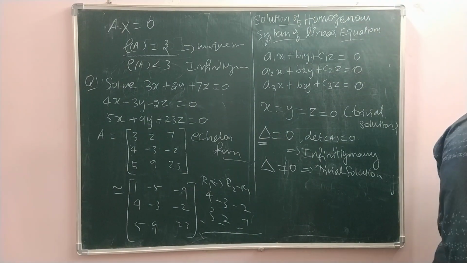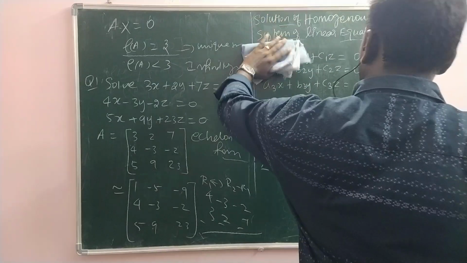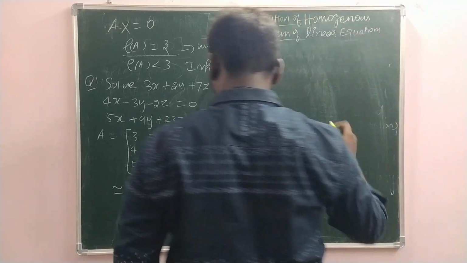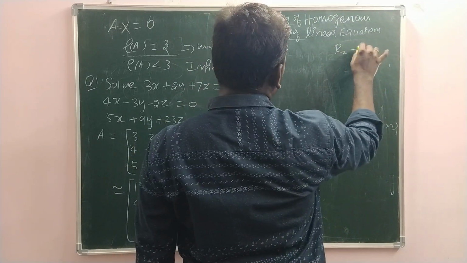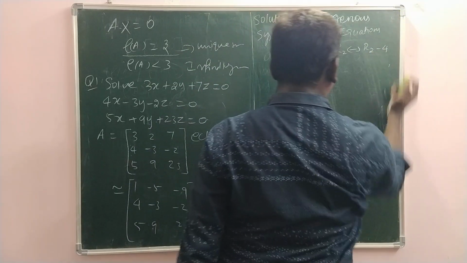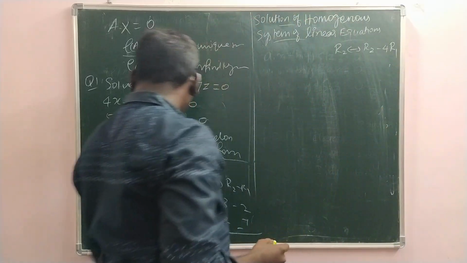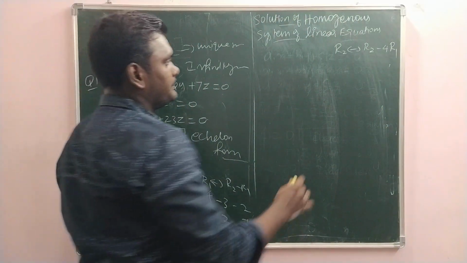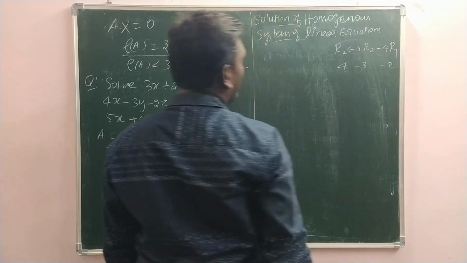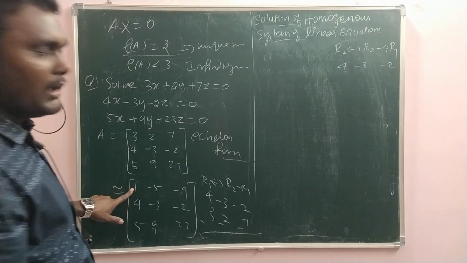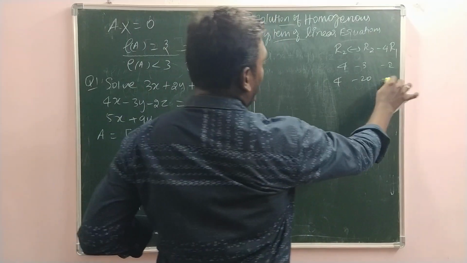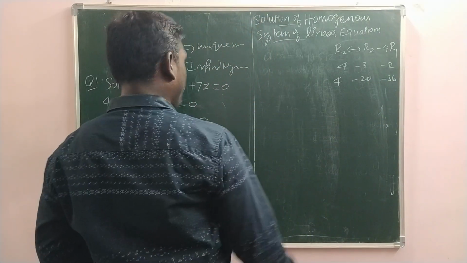Now using that one, we will make that 4 as 0. How can we make that 4 as 0? We will take R2 minus 4R1. In R2 we have 4, -3, -2, and 4R1 means R1 multiplied with 4, so that is 4, -20, -36.